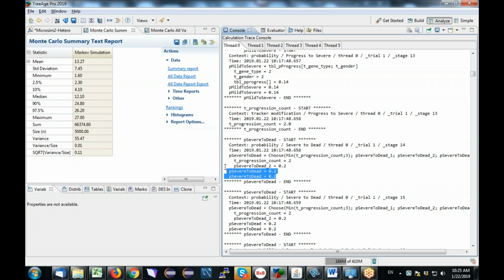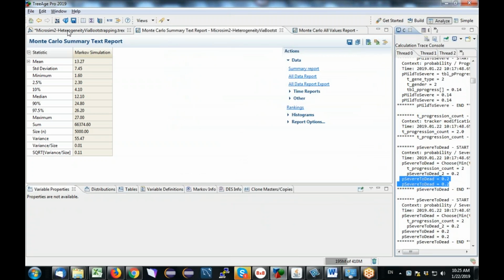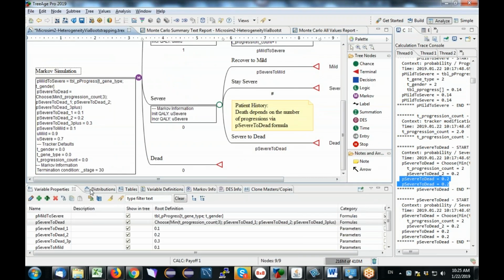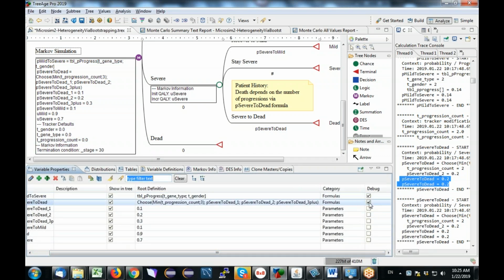Okay. Now, I do want to show you a little bit of how I debug these things, because I specifically wanted to show those 2 things. So if you look at the model, back in the model, under variable properties, you'll see this debug out here. Basically, I wanted to show you the calculation of those specific formulas. So I marked those for debugging, and that's how I got the output here.